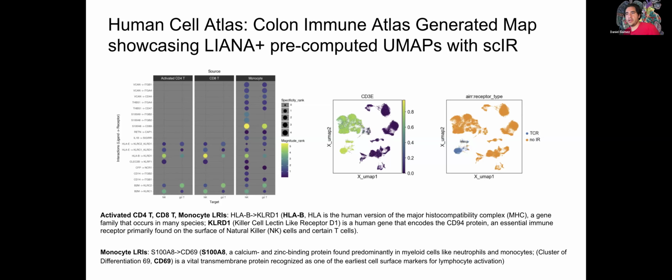And then above that, we have activated CD4 T cells, CD8 T cells, and monocytes, where we can see HLA-B, which is an MHC complex, and KLRD1, which is a killer cell lectin-like receptor D1 that encodes the CD94 protein. And that's primarily found on the surface of the natural killer cell and certain T cells.